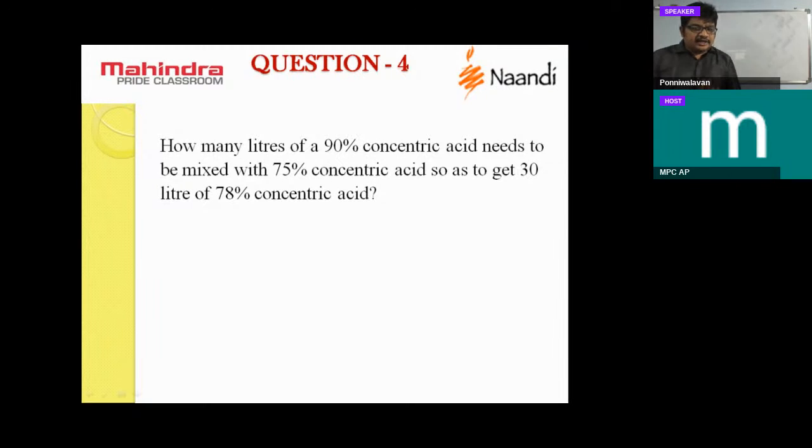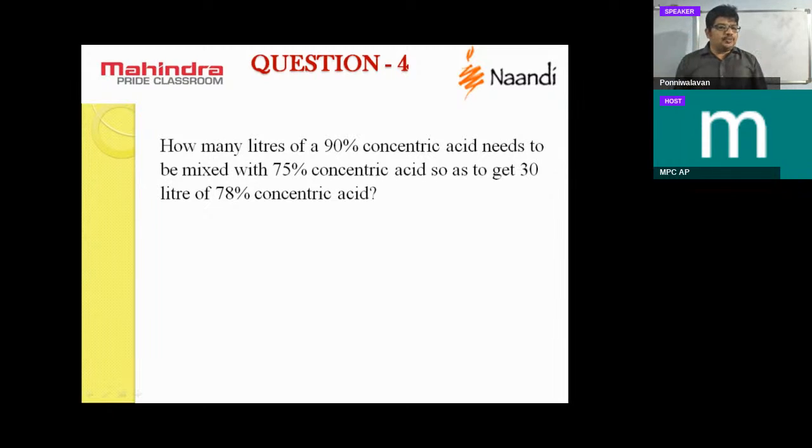Students, kindly note this first. How many liters of a 90% concentrated acid needs to be mixed with 75% concentrated acid?